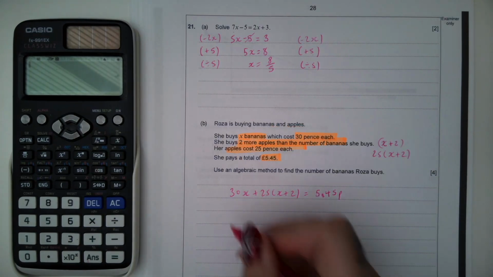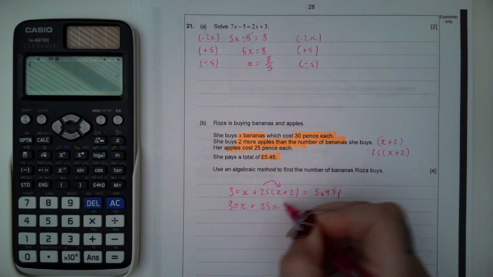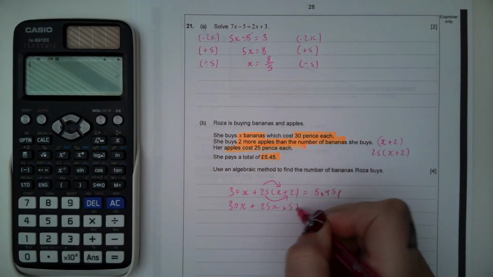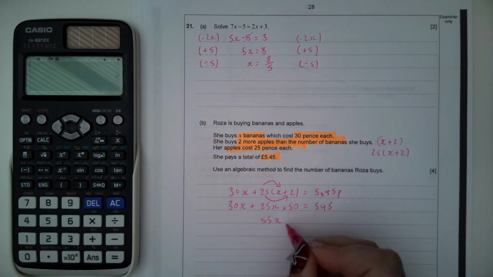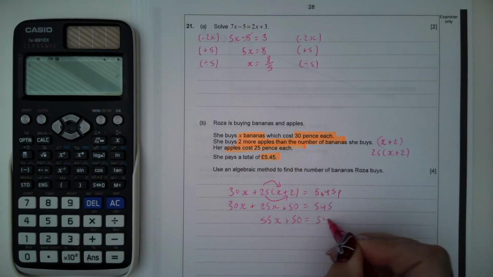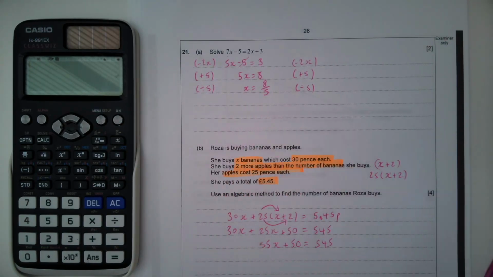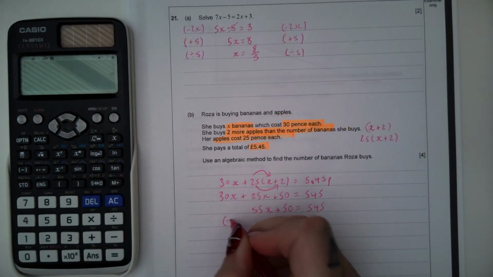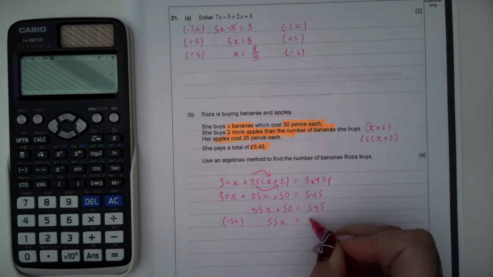So I'm going to expand that bracket. So 30x add 25x plus 50 equals 545. 30x plus 25x is 55x. And now we've got an equation to solve like the ones we were solving up here, look. So I'm going to subtract 50 because it's the inverse of adding 50.